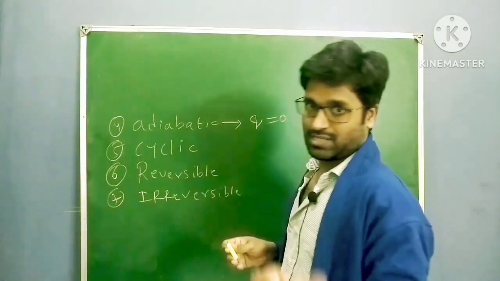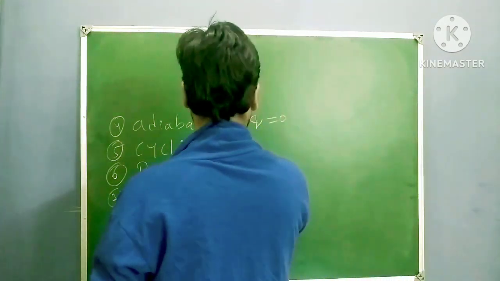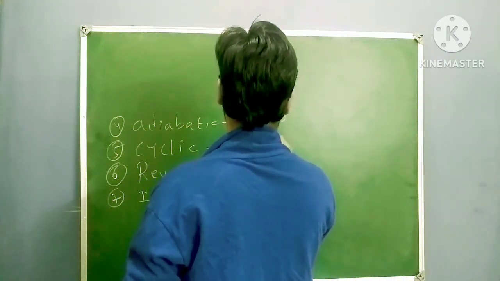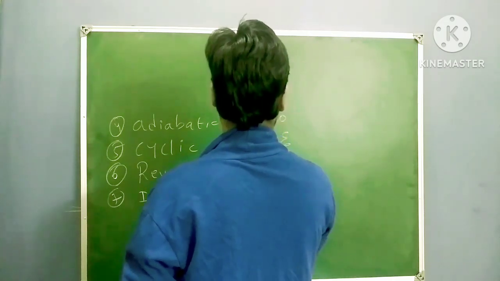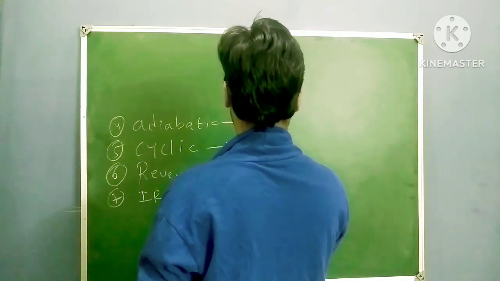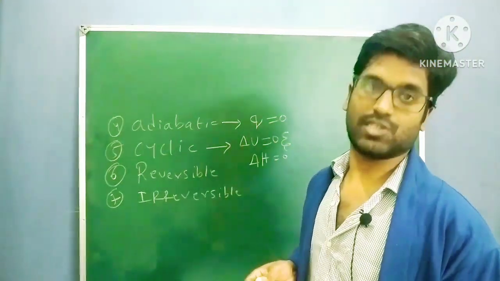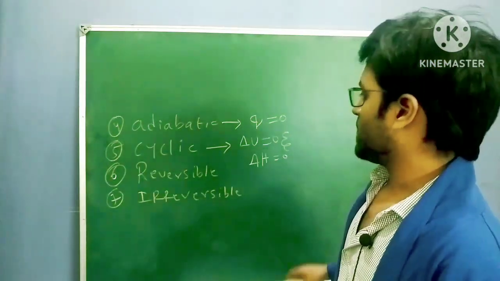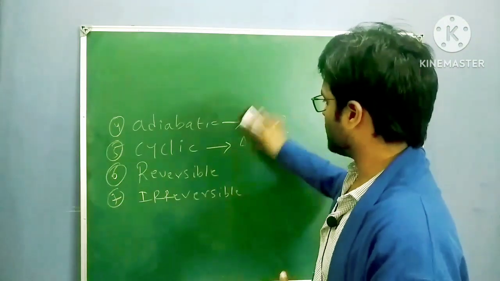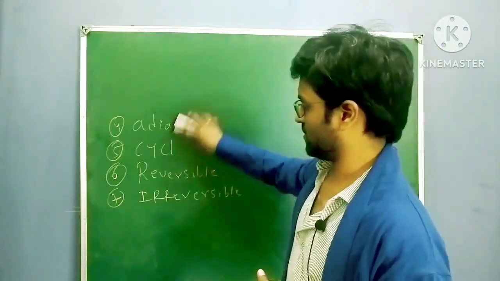In the cyclic process, delta U equals 0 and delta H equals 0. Right? Delta U equals 0, delta H equals 0. Okay. Next, after the cyclic process, these are the types of processes.